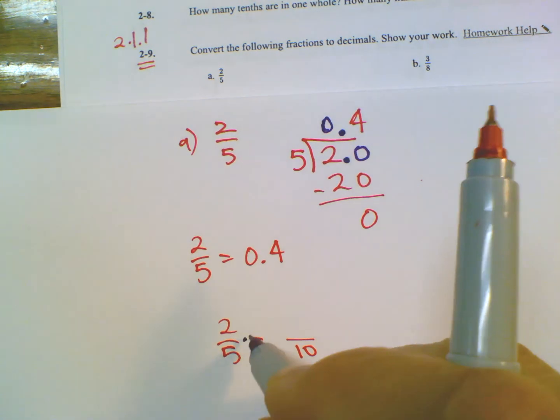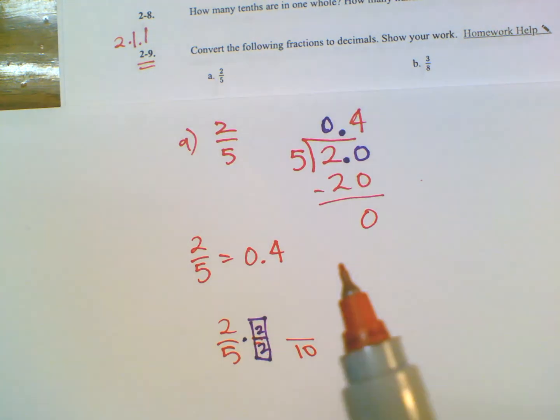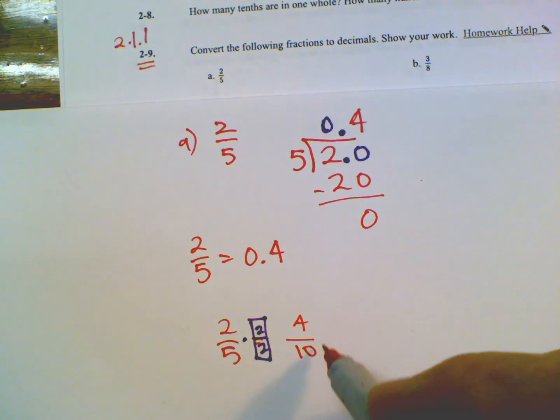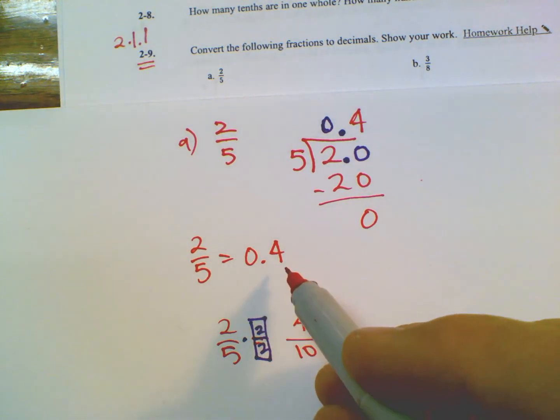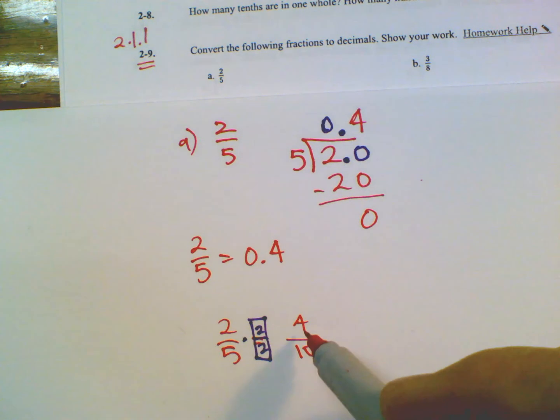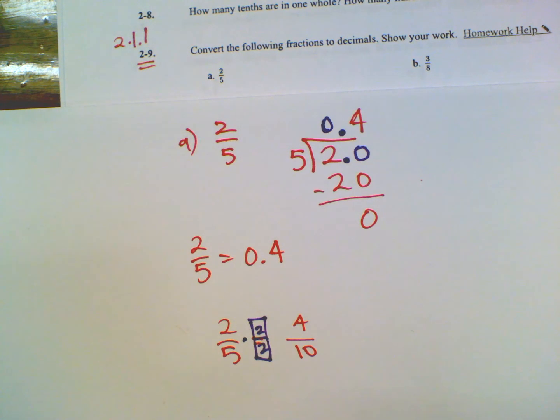And our giant 1 proves to us here that we could multiply by 2 over 2 to get 4 over 10. Or another way to say this is 4 tenths. And well, how do you read that? It's 4 tenths. So that's another way. If you can get it into a tenth or a hundredth, then you can write that down as a decimal. So that's a couple ways of looking at it.